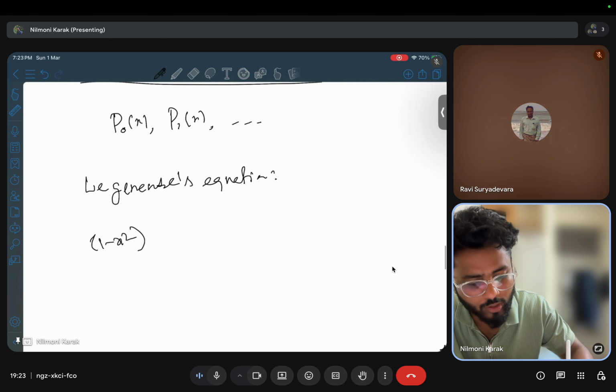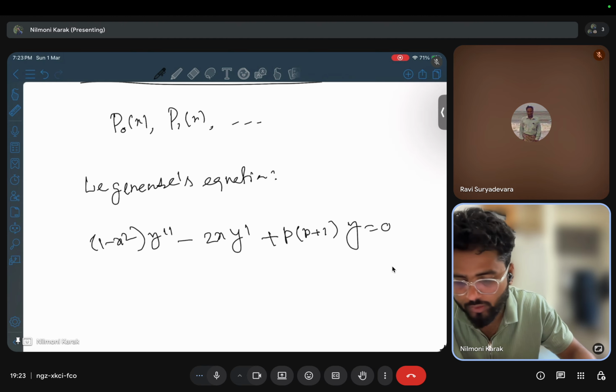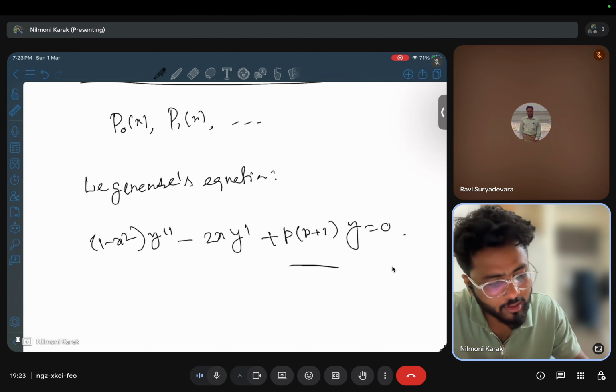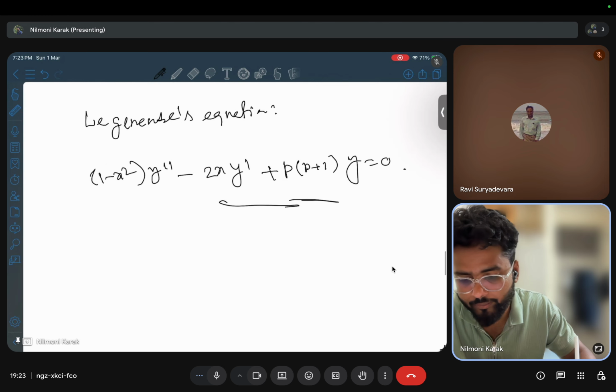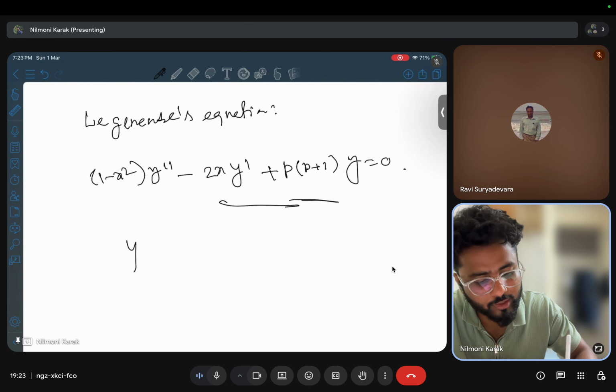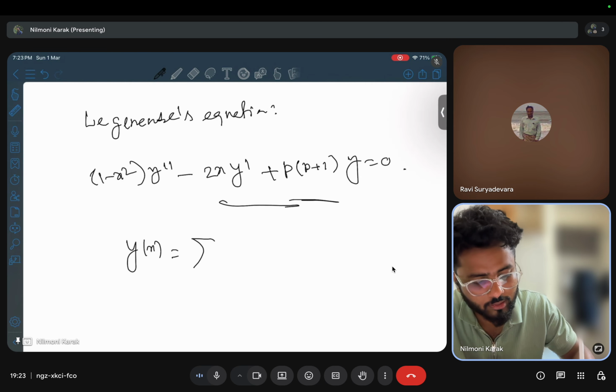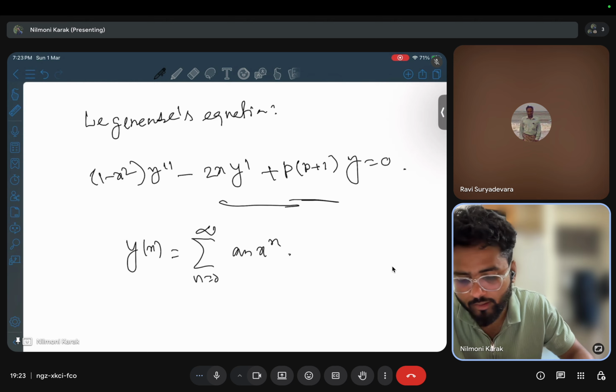You also know how to solve this, right? Power series method, plus p into p plus 1 y equals to 0. You know the solution looks like sum n equals 0 to infinity a n x to the power n.